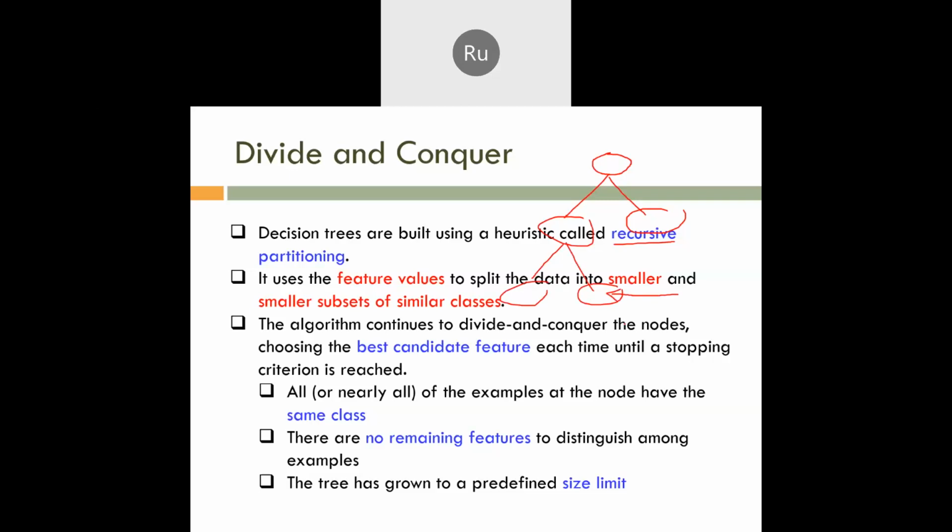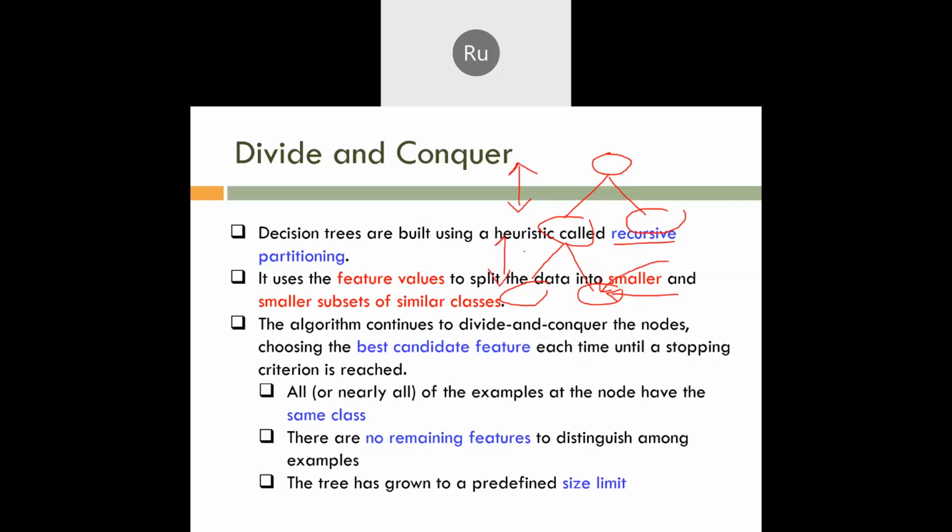This is what we call divide and conquer. We divide the data into partitions, and in each partition they have the same label. We only stop splitting when all the labels in a particular partition belong to only one label, or we may stop when we have reached a predefined depth.